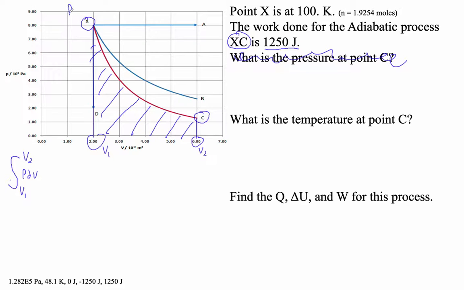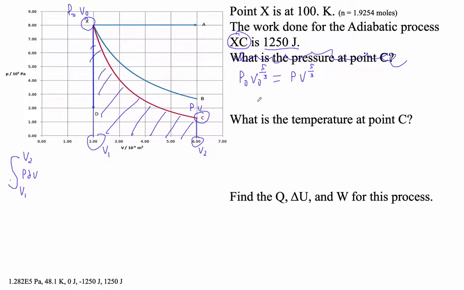So this is, I'm going to call this P naught V naught, right? And then this will just be P and V, right? So we know that P naught V naught to the 5/3 is equal to P V to the 5/3, right? Okay.